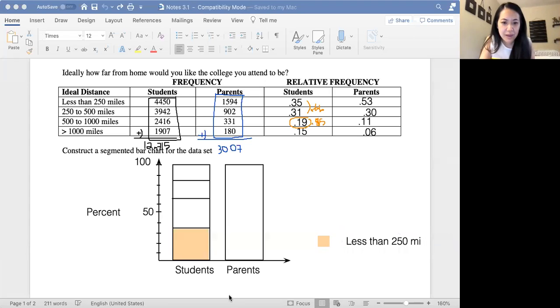And then I'll make green this one. And then this will be 250 to 500 miles. And let's do blue to represent 500 to 1,000 miles.